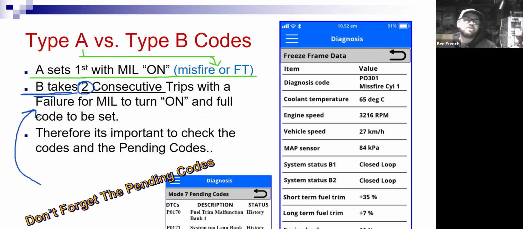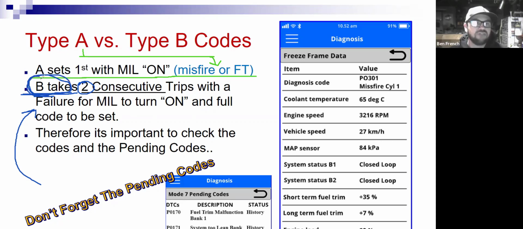And I see this happen all the time. Somebody thinks they've done a repair, they clear the codes, they drive the car around the block. Heck, they probably didn't even meet the enable criteria. But even if they did meet the enable criteria, if they didn't check for pending codes, they were just looking for a MIL, well, they could have missed it because it could set a code and you wouldn't see that MIL come on because it's a type B code.